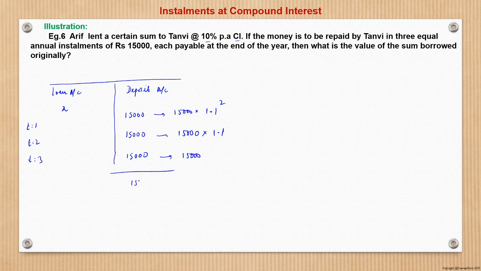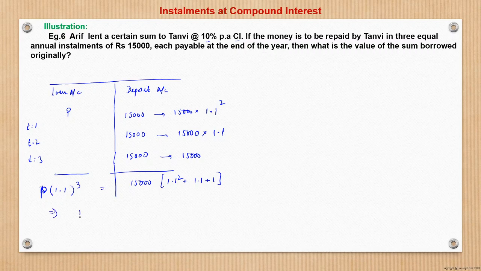Using the formula of compound interest, this will become 15,000 into 1.1, and this will remain 15,000. So basically, if we add the 3, we get 15,000 into 1.1 square plus 1.1 plus 1, and this side, this x will become x into 1.1, or let us assume P here, because principal usually we denote by P, into 1.1 raised to power 3.